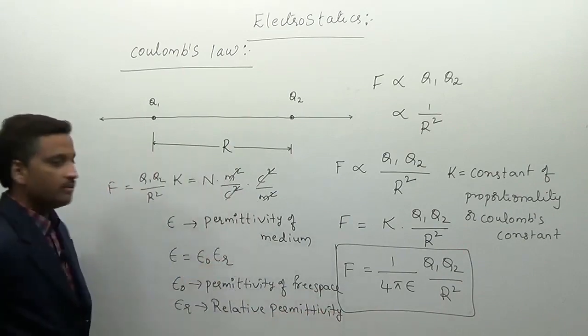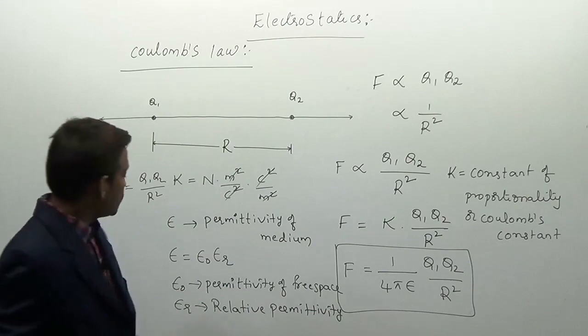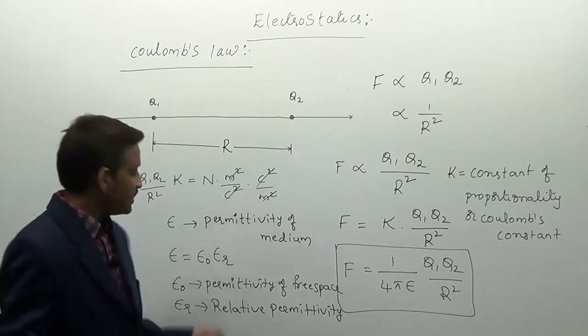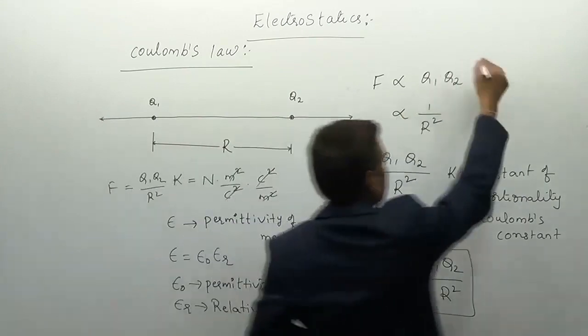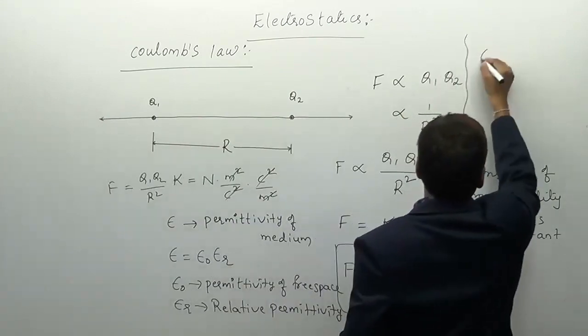So epsilon is the permittivity of a medium, epsilon naught is the permittivity of free space, and epsilon r is called the relative permittivity.